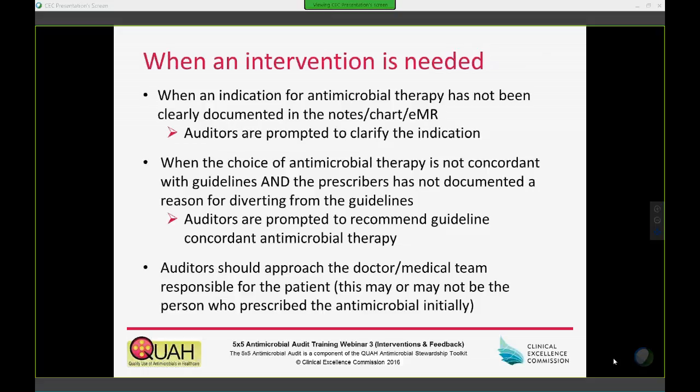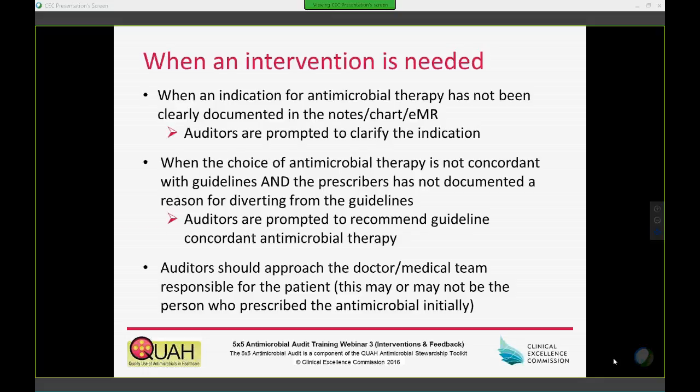If you recall from the previous session, questions 2 and 5 in the audit prompt an intervention with the prescriber. So an intervention is needed when an indication for antimicrobial therapy has not been clearly documented in the patient's progress notes, on their medication chart, or in their electronic medical record. In these circumstances, auditors are prompted to clarify the indication for antimicrobial therapy.